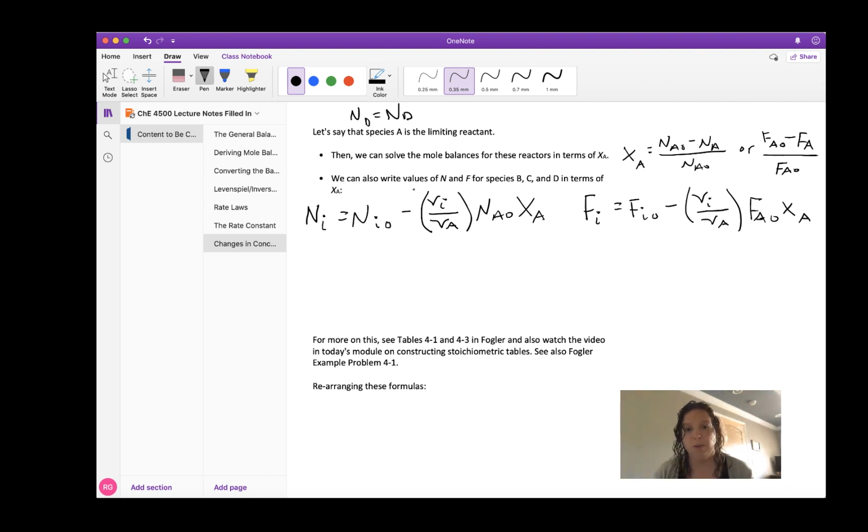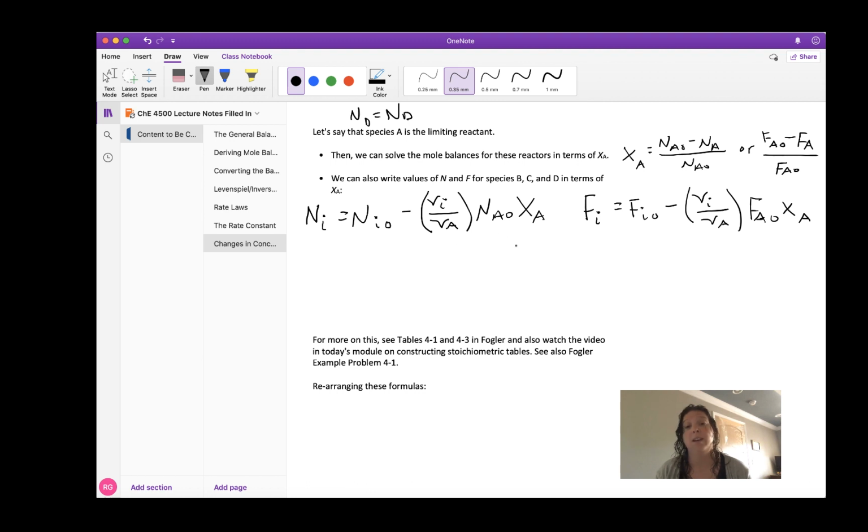So you may wonder why this is a minus sign. Recall that stoichiometric coefficients are negative when the species is a reactant, and positive when the species is a product. So if species i is a reactant, then it's going to have the same sign as species A, and so this term is going to be positive. So then this term in the parentheses is going to be positive, and this entire term will be negative.